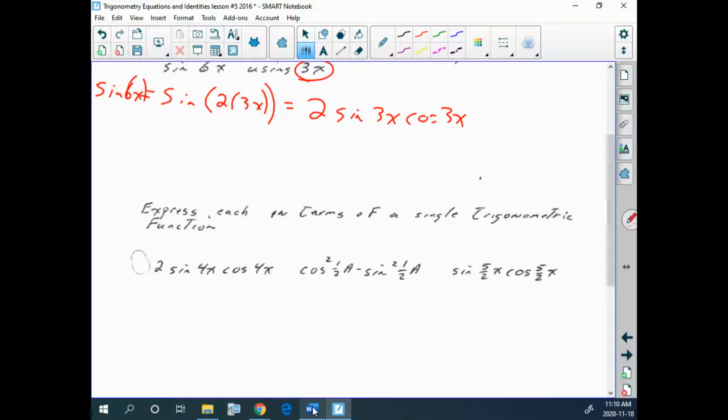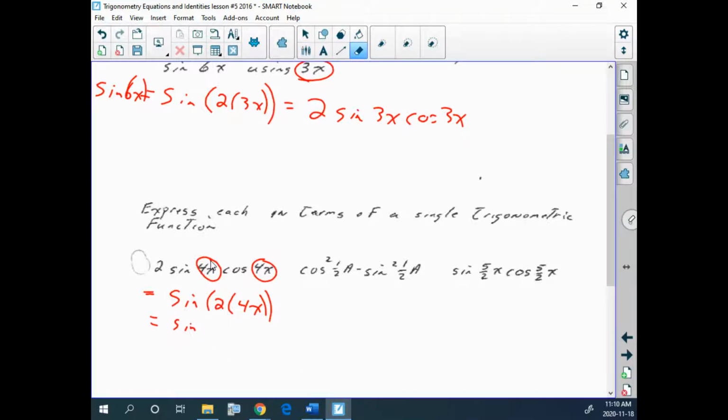So our angle is our 4x. This is equal to sine of 2 times the angle. So I'm replacing a with 4x, so this becomes sine of 8x.